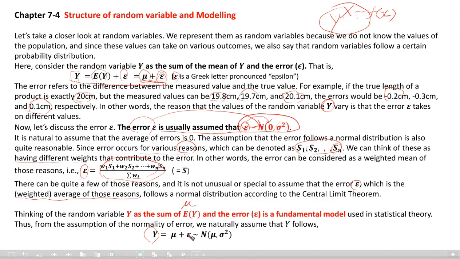And epsilon follows a normal distribution like this. So y follows a normal distribution with mean mu and variance sigma square. How about this? You understand that? We are going to use this kind of structure and normal distribution of y. That is the base of the model.